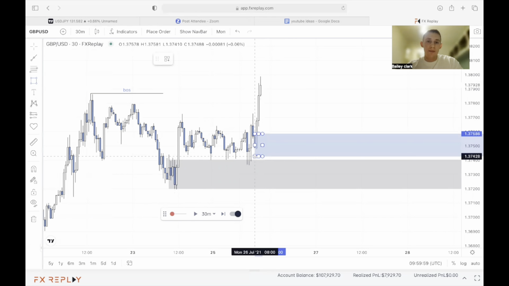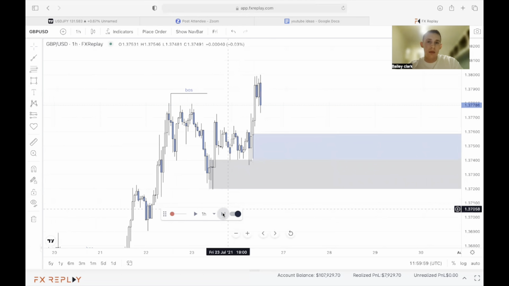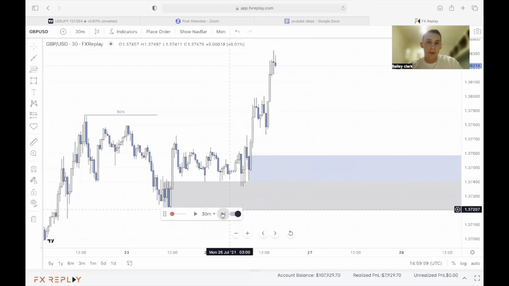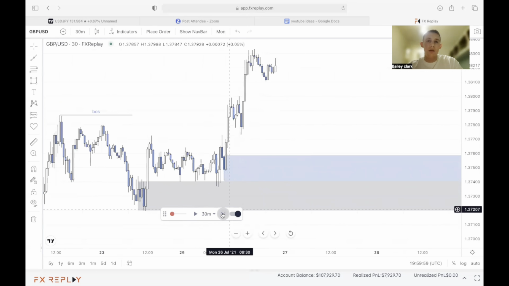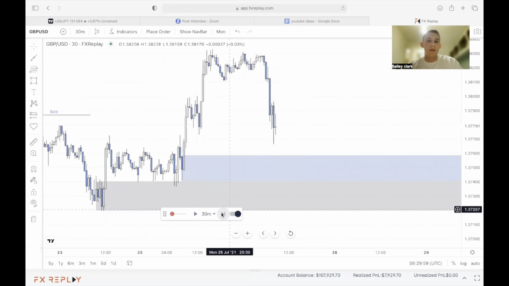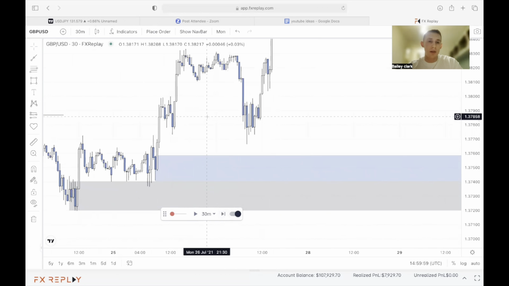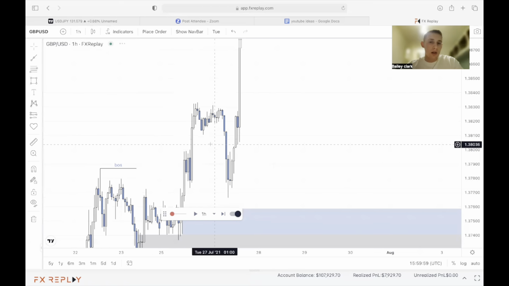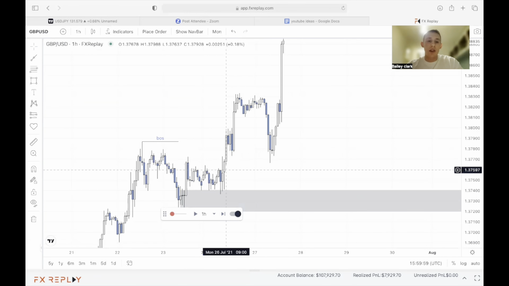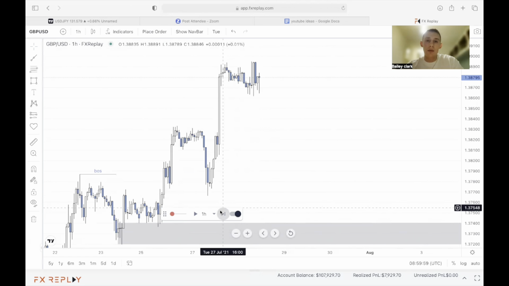This area just here. Price may want to come and tap that. Or I might just miss, which is annoying. We may not even get an entry on the buys because price is moving, approaching our level.